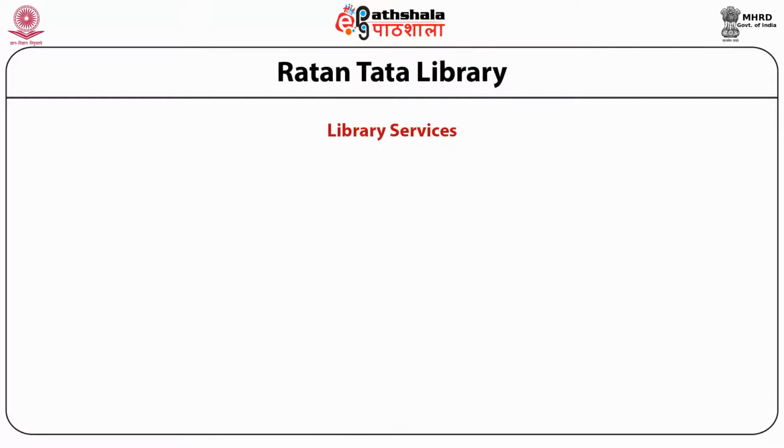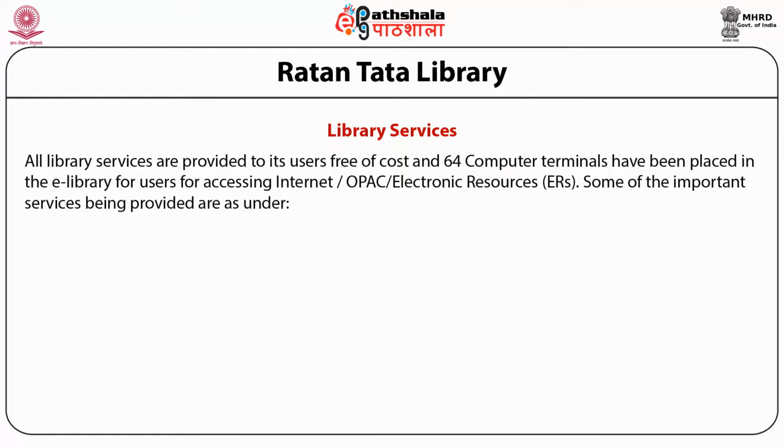As stated earlier, Ratan Tata Library is one of the most equipped libraries in the area of social sciences and particularly economics, sociology, and geography. All services are provided to its users free of cost, and 64 computer terminals have been placed in the e-library for users for accessing the internet and OPAC electronic resources.